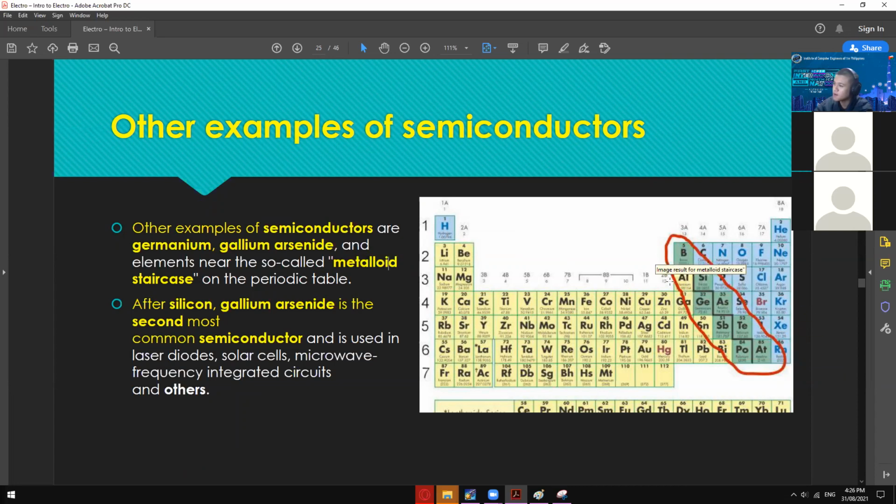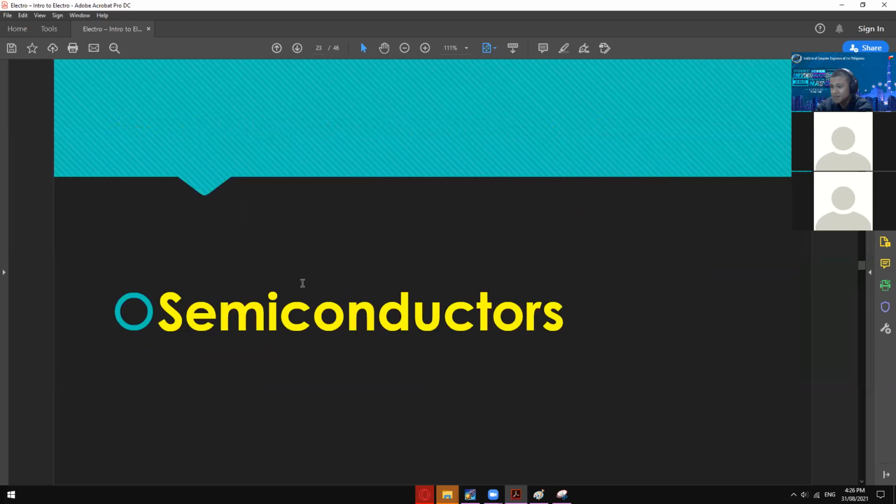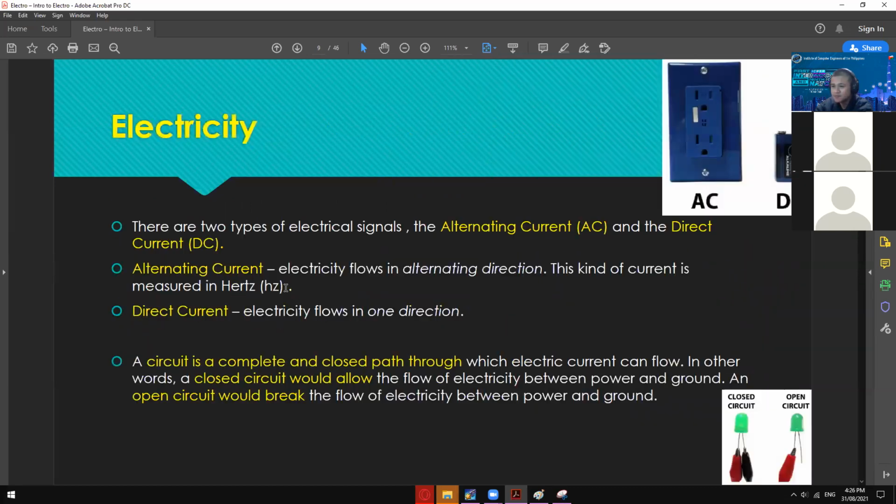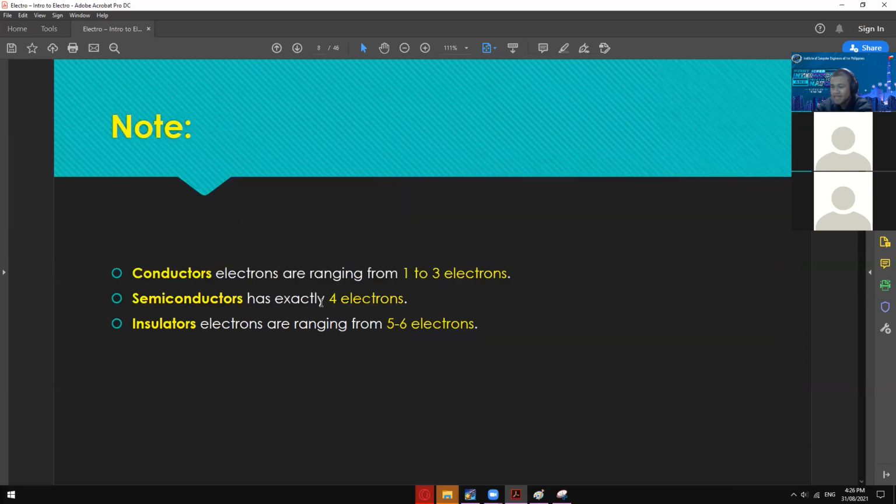Okay, those are semiconductors. But there are only two semiconductors that are really being used in the industry, because the others don't work perfectly. Since we're talking about semiconductors, they must have exactly 4 electrons only.